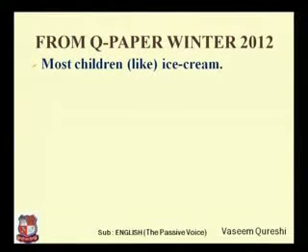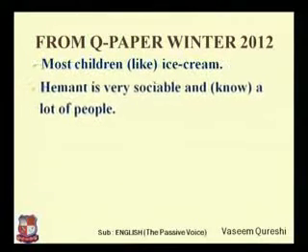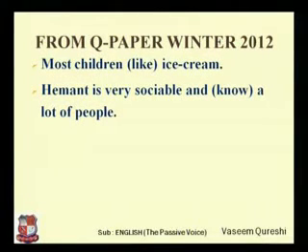Another question. "Most children (like) ice cream." And another sentence is "Hemant is very sociable and (know) a lot of people." Now once again, you cannot identify any keyword inside the sentences, but both the sentences reflect a kind of habit.